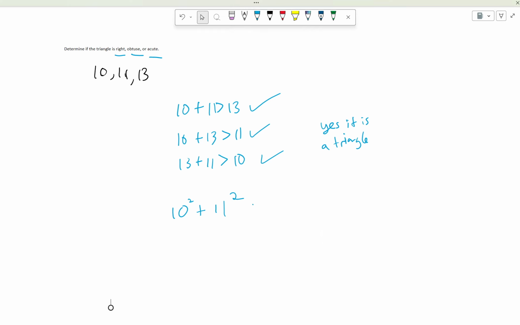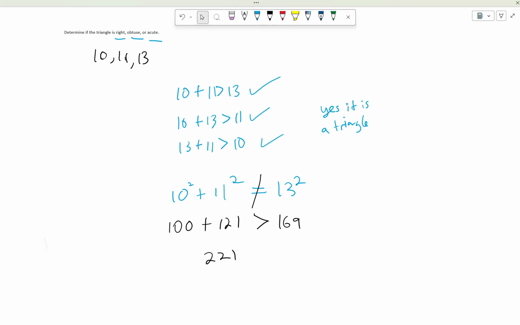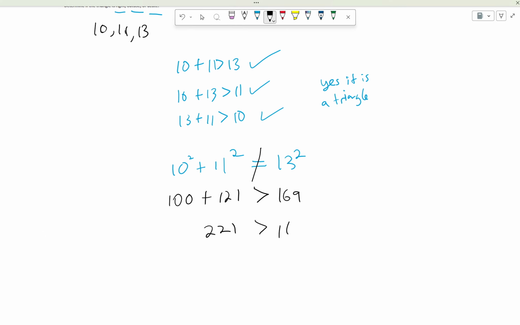Is this equal to 13 squared? And the answer is, it is not. Because the question is 100 plus 121, and then we have 13 squared, which is 169. That is clearly going to be greater, because 221 is going to be greater than 169.